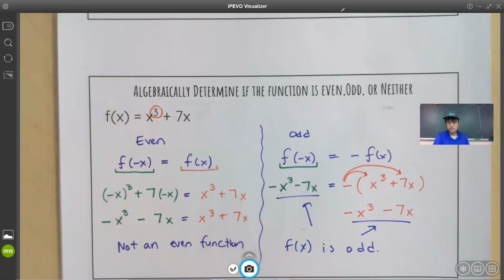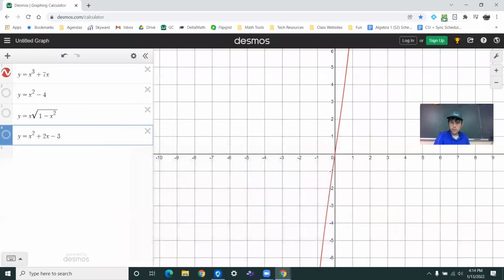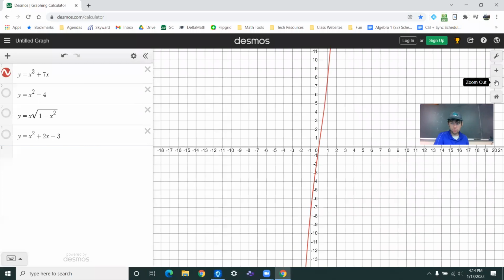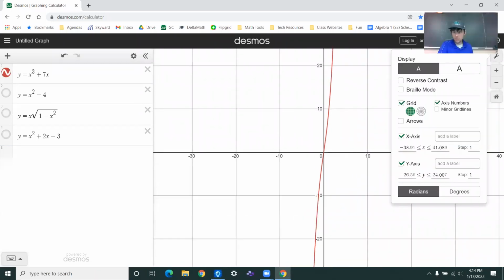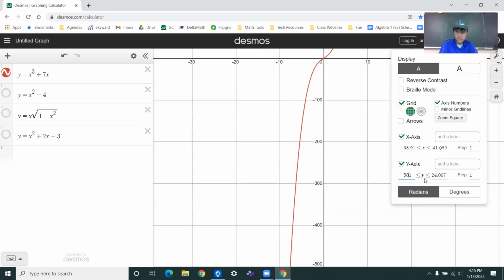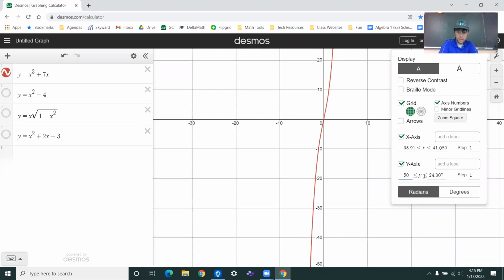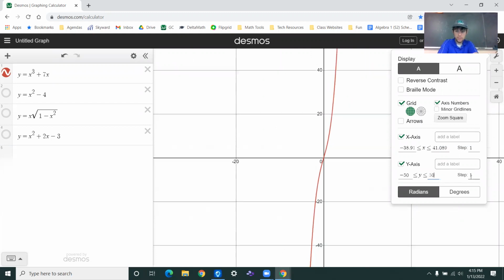Let's go ahead and take a peek at the graph. I'm going to minimize this real quick. So here's the graph of this thing. It's hard to look at. Let's zoom out. And actually, let's change the scaling along the y-axis, from negative 50 to positive 50.